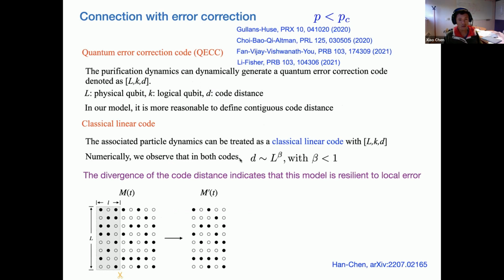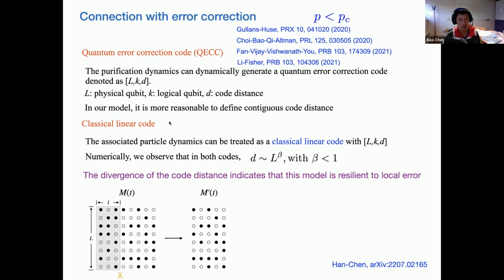Furthermore, this nice picture also builds up the connection between quantum error correction code and a classical linear code. I don't have much time to discuss them in detail, but I want to mention that this measurement induced phase transition, the volume-law phase, could be treated as an error correction code. That is another reason why it is stable under infrequent measurement.